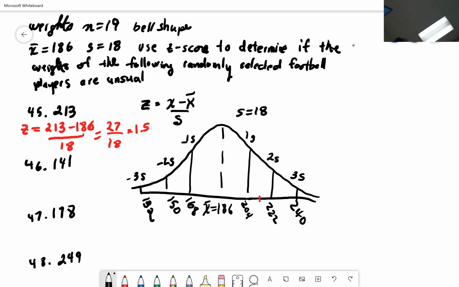See, it's not at 1s. It's not at 2s. It's at 1.5s. It's 1.5 standard deviations away from the mean. So there's where this would be. We don't write it that way. We just realize it's 1.5 standard deviations from the mean.